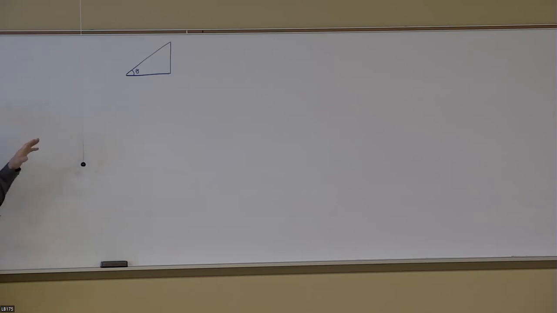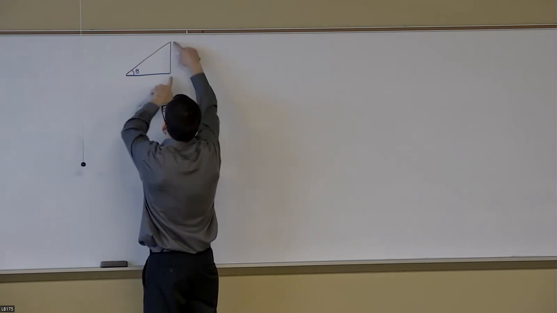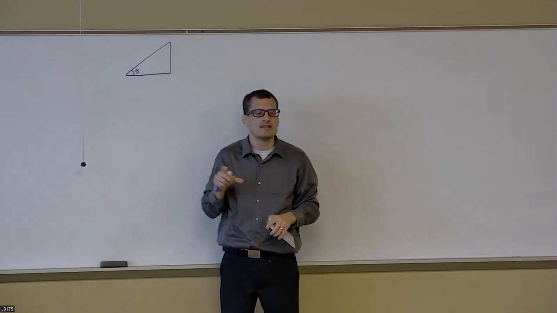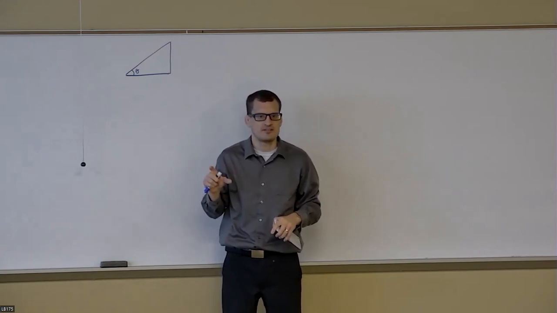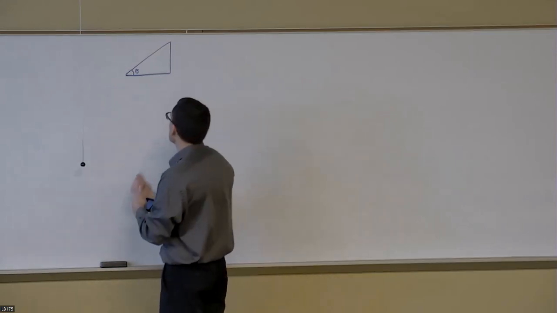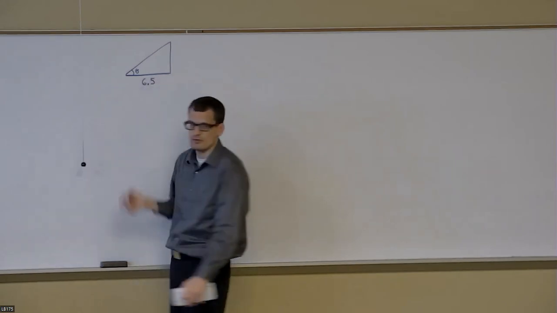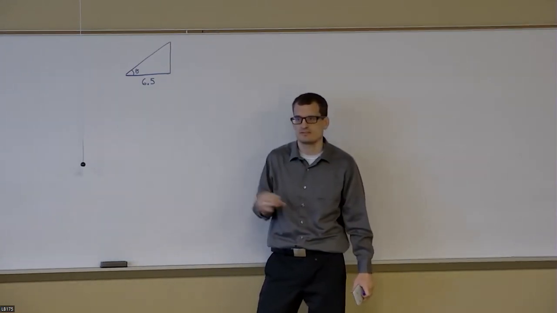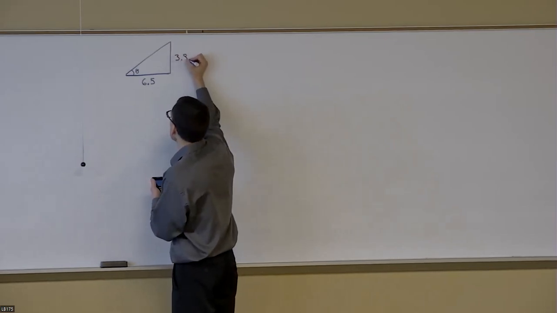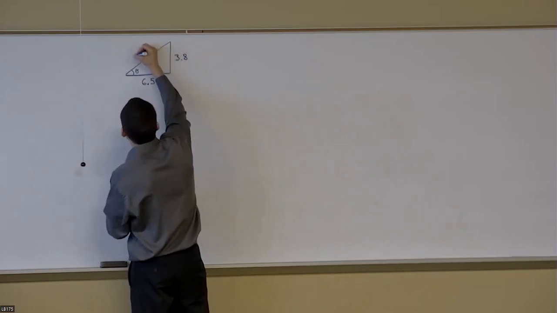You know what I'm saying? So if you get a right triangle, just because this is 5 inches and this is 4 inches on a ruler, that doesn't necessarily mean it's the proper scale. So when I write these things in, let's say I know this side length is 6.5 units, whatever the units are, could be inches, meters. This side's length is 3.8. And this side's length is 7.53.